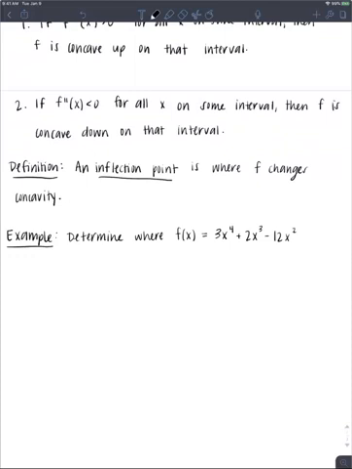Determine where this function is increasing/decreasing and where it is concave up/concave down.